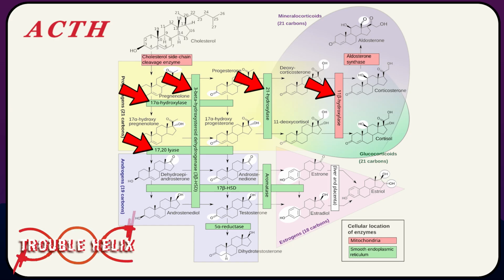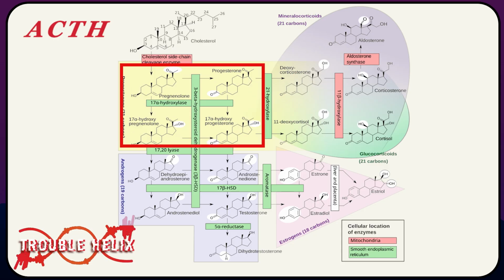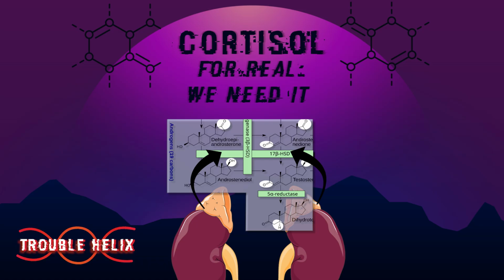As ACTH continues to overwork the cells of the adrenal glands, they will multiply at a pathological rate and the glands will swell in size. This is the H in CAH, hyperplasia. Boosting the steroidogenic enzymes without the presence of 21-hydroxylase will cause a buildup of precursors to cortisol, and those precursors are going to shack up with the other available enzymes in the pathway.